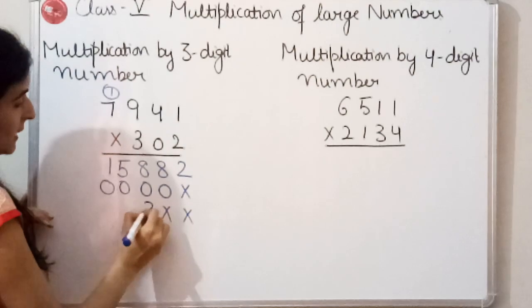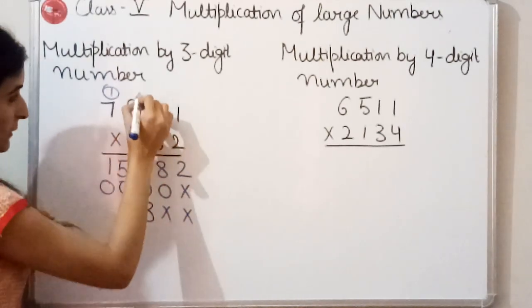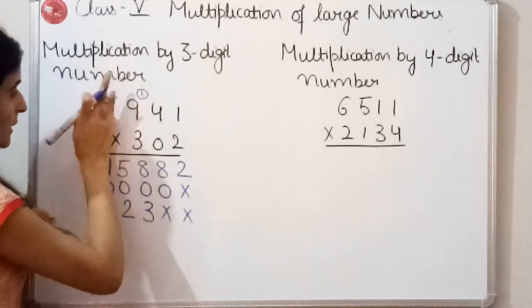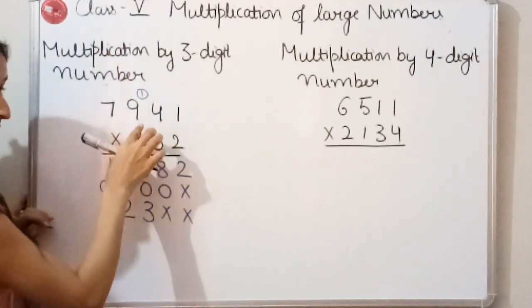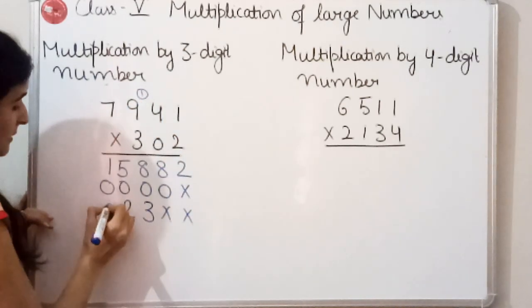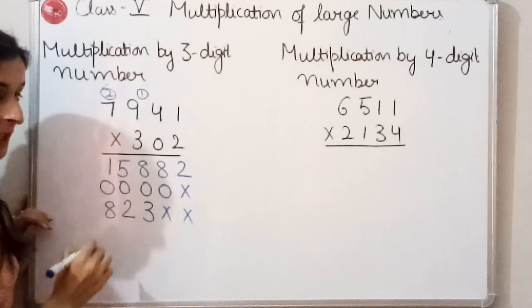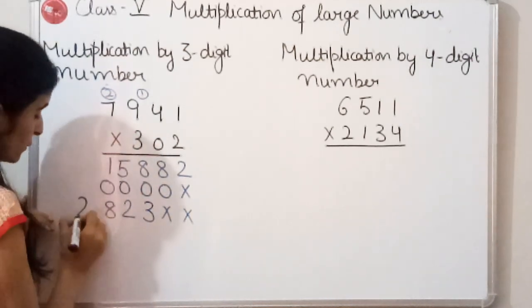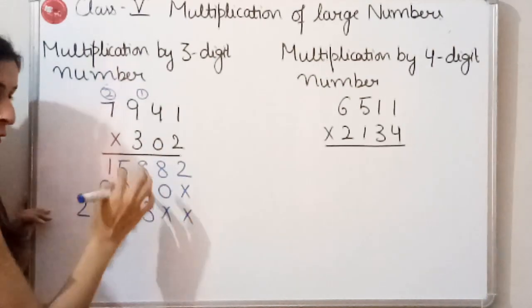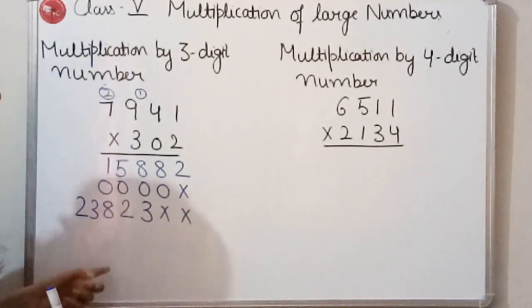Okay, now we will start multiplying. 3 ones are 3, 3 fours are 12, then 1 carry will be here. Okay, 3 nines are 27, 27 plus 1 is 28. 3 sevens are 21, 21 plus 2 is 23. Now we have done the multiplication by all 3 digits. Now what we have to do?